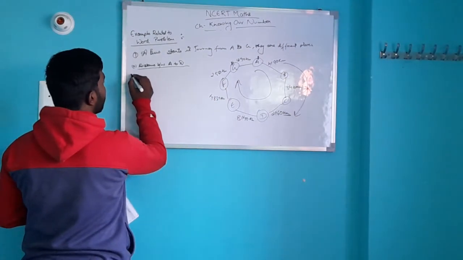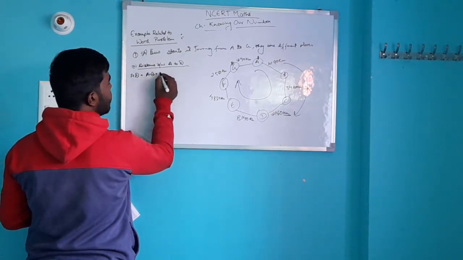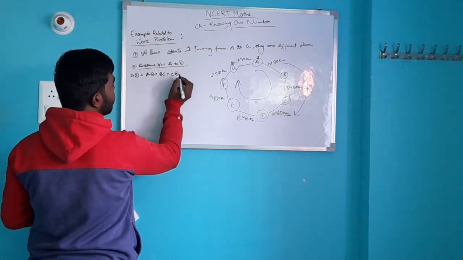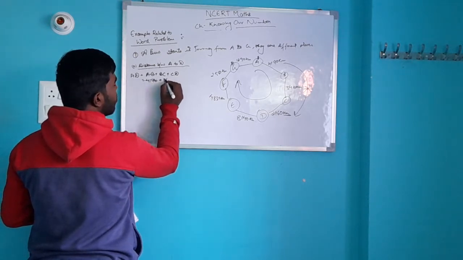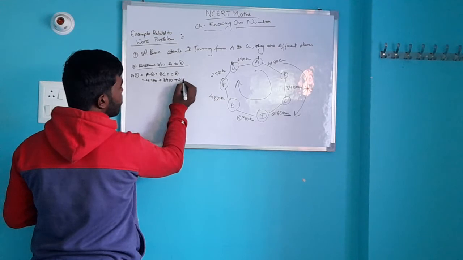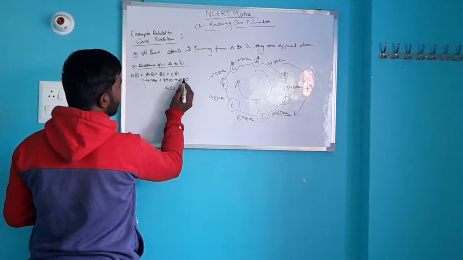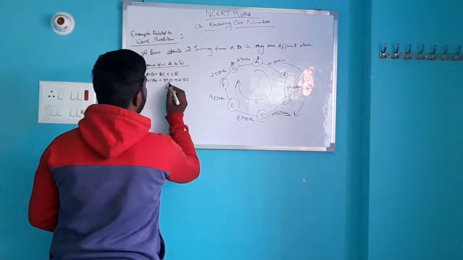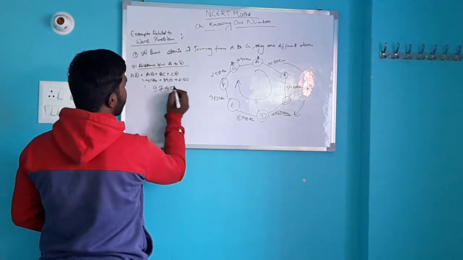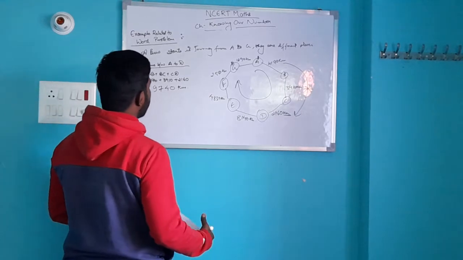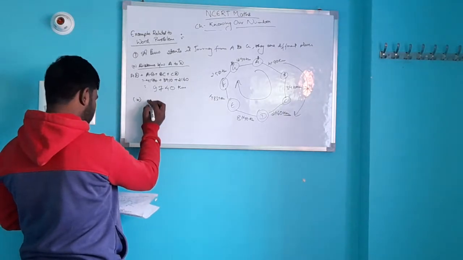The distance AD equals AB plus BC plus CD, which is 4170 plus 3410 plus 2160, which is 9740 kilometers.